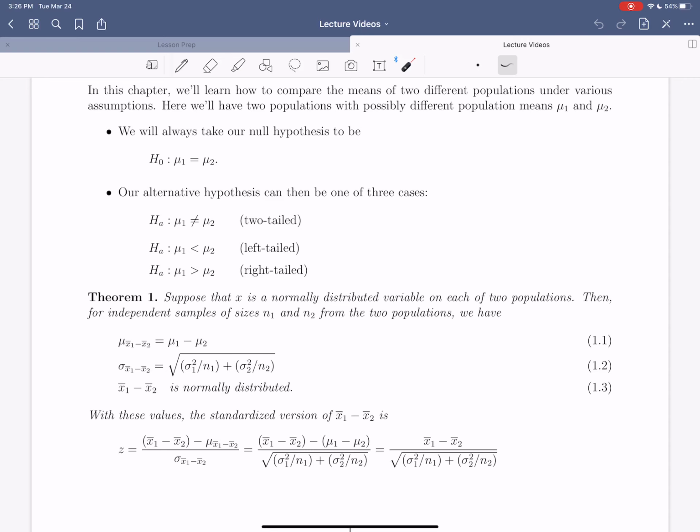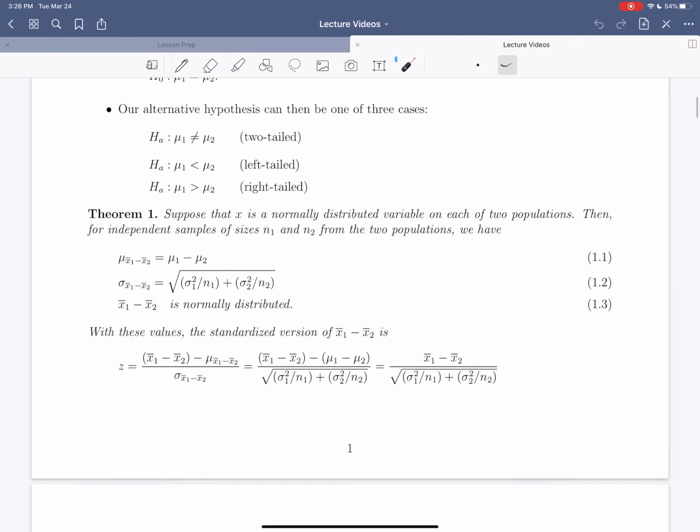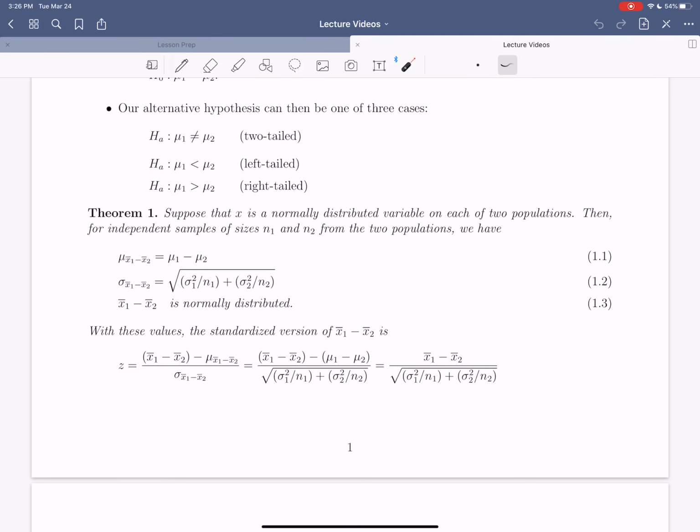So what we're going to do is assume that x is a normally distributed variable on one of two populations, with sample sizes n1 and n2. Remember, n stands for the sample size. So this is the sample size of the first sample and the sample size of the second sample, from the two populations. Mu1 and mu2 are the means of population 1 and population 2.